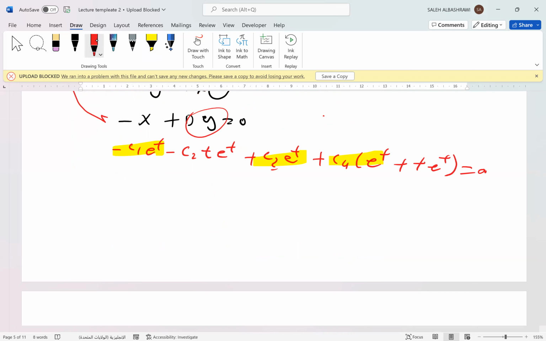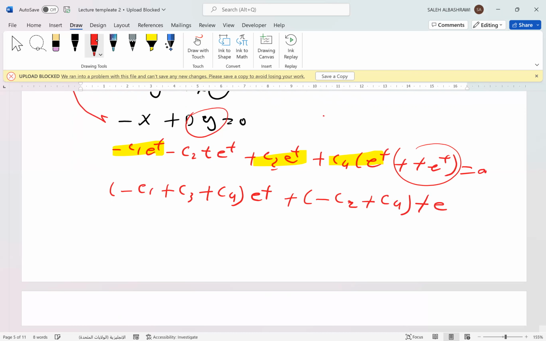This will give me (−c1 + c3 + c4) e to the power t, and these are combined together with (−c2 + c4) t e to the power t equal to 0.